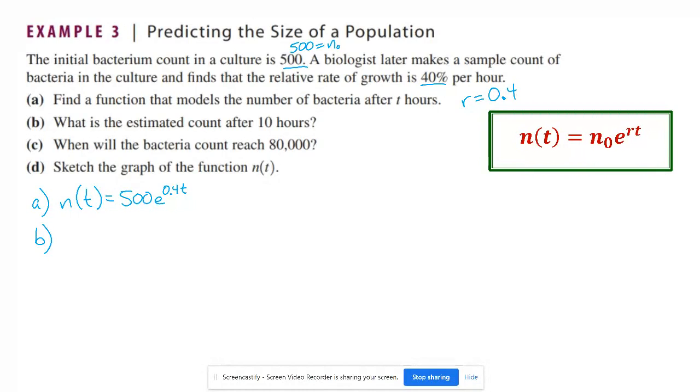Part B. What is the estimated count after 10 hours? Similar to before, we're going to plug in 10 for t and work it out. So 500 times e to the 0.4 times 10 hours. When we work that out, 0.4 times 10 is 4. So we have 500 e to the 4th, and that is something you'll have to put in a calculator.